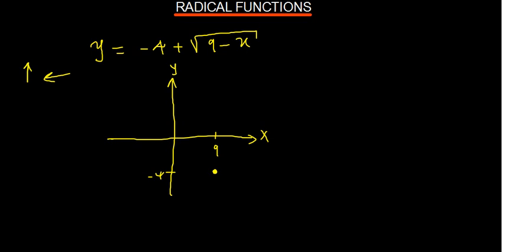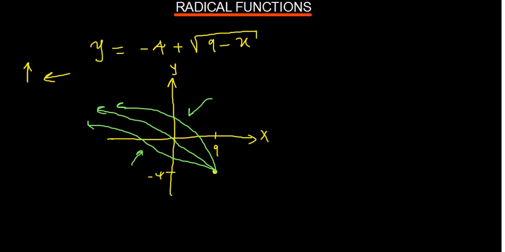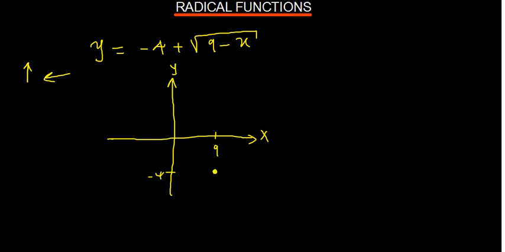Since it's supposed to be going up and towards the negative values of x, it can either cut both the x-axis and the y-axis, or it can only cut the x-axis below and then cut the y-axis, or it can pass through the center. If you miss it, instead of drawing it on top, you draw it below, you get it wrong. Or if you are supposed to draw it in the middle, you draw it somewhere else, you get it wrong. So how do you determine where it's going to pass?